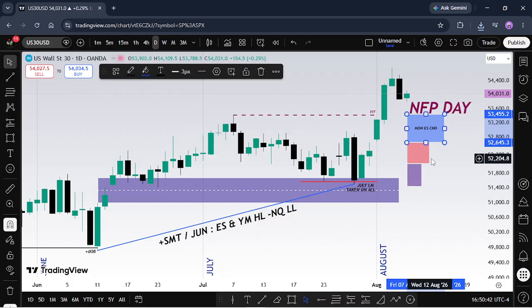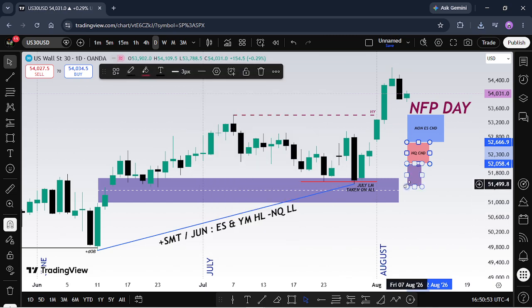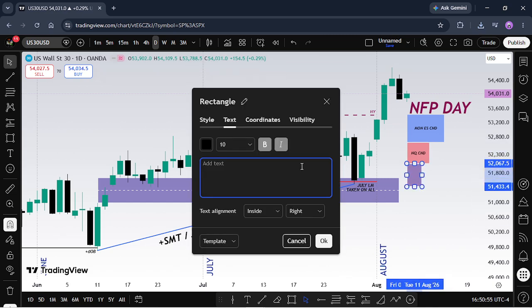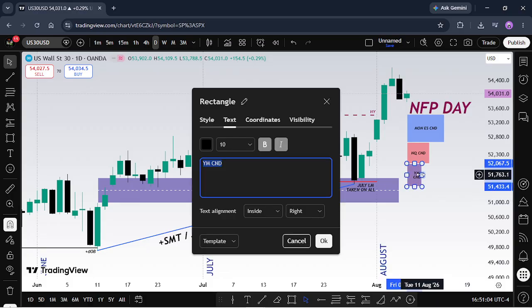And then this one here is NQ CND. Nice, fine. Put it in center. This one here is YM CND. Yeah, all of these are for Monday. Let's put it in the center as well.